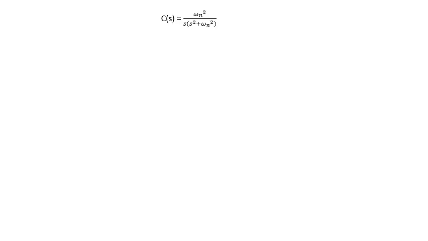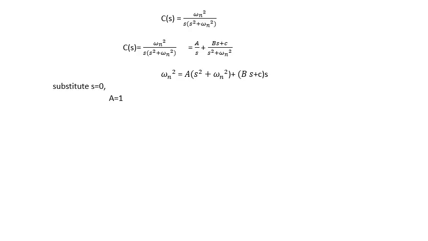What we have done for the first order system, the same thing I'm going to do over here. I'm going to apply the partial fraction method, so I split up the equation. We'll have A by s plus (Bs plus C) divided by s square plus omega n square. I simplify this expression and find the values of A, B and C. On substituting s equal to 0, I get A equal to 1.